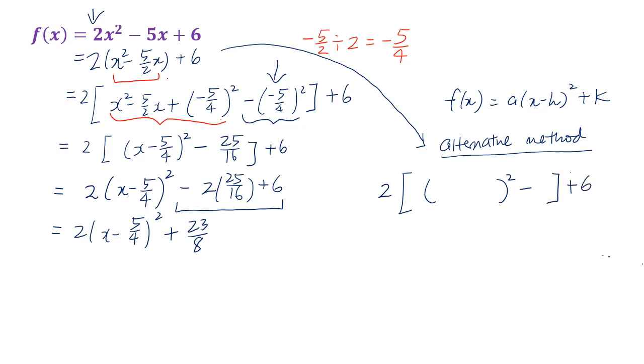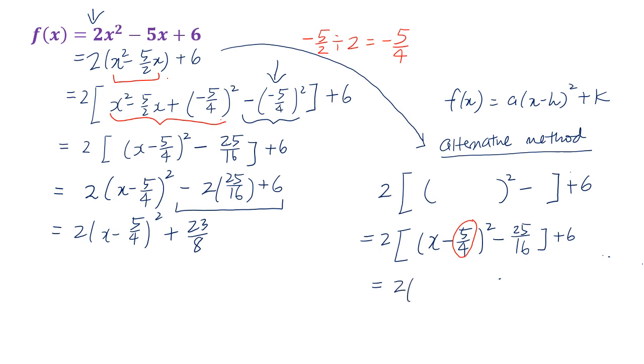So how do we do it? The steps are the same. You take the coefficient of x divided by 2, that gives you negative 5 over 4. So it will be bracket x minus 5 over 4 close bracket squared. And I need to take away something. The one that I'm taking away is the square of this number, which is 25 over 16.